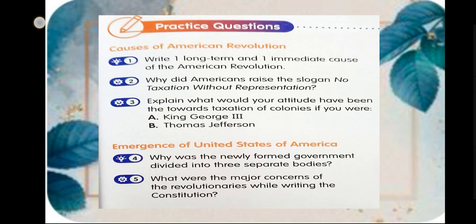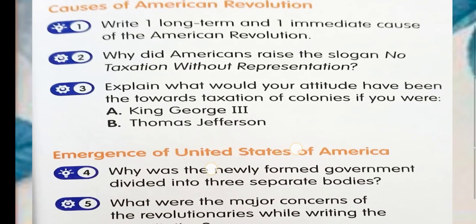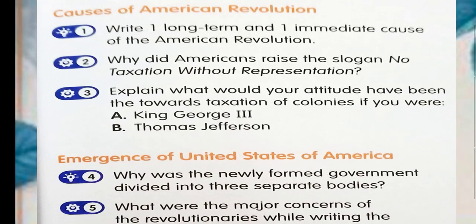So, as you know, King George imposed taxes on them. Taxation was justified because the purpose of the colonies was to make Britain wealthier. And if you were Jefferson, taxation was unacceptable without representation in the parliament.